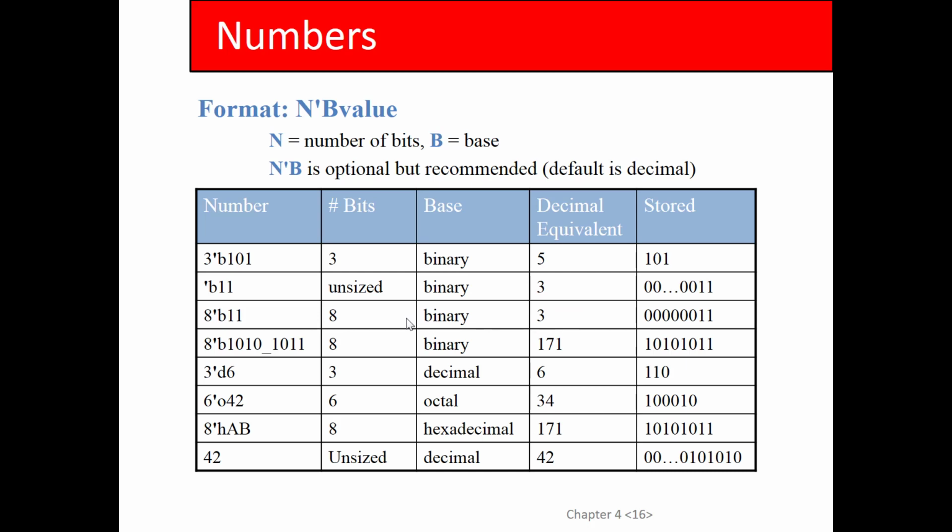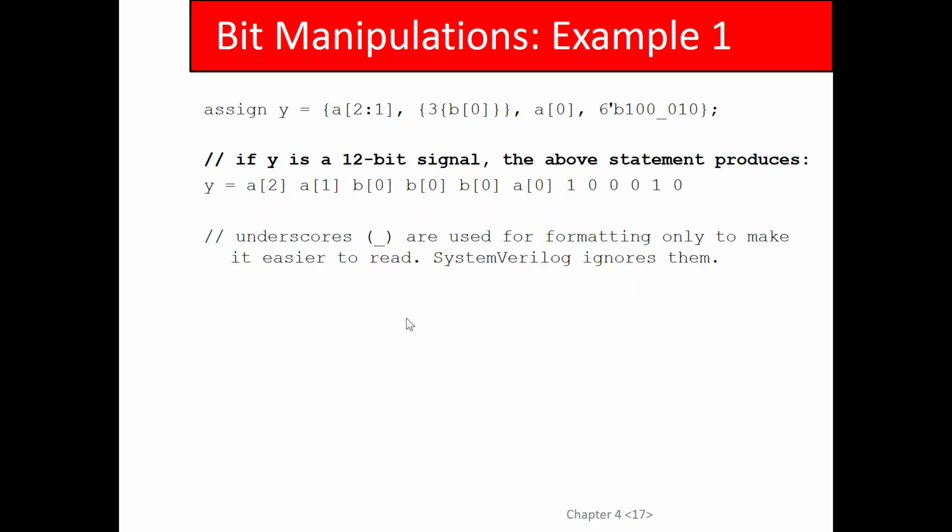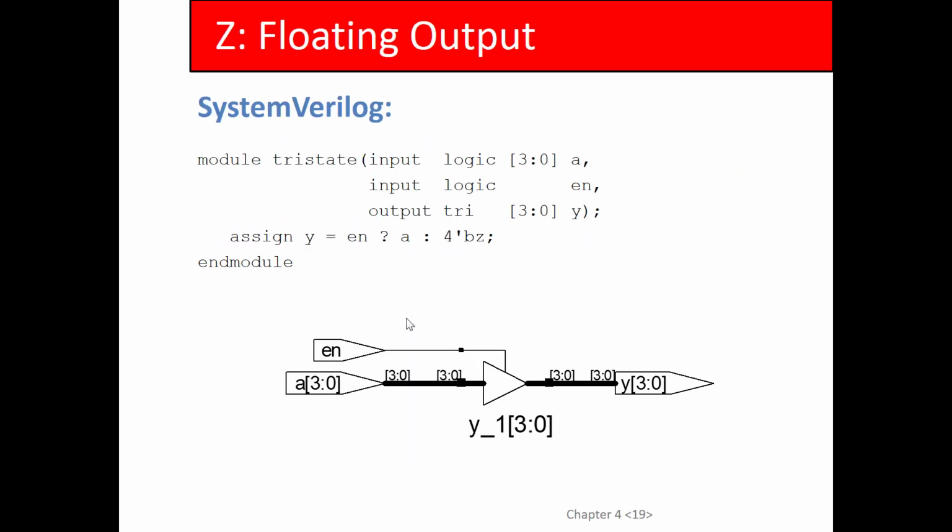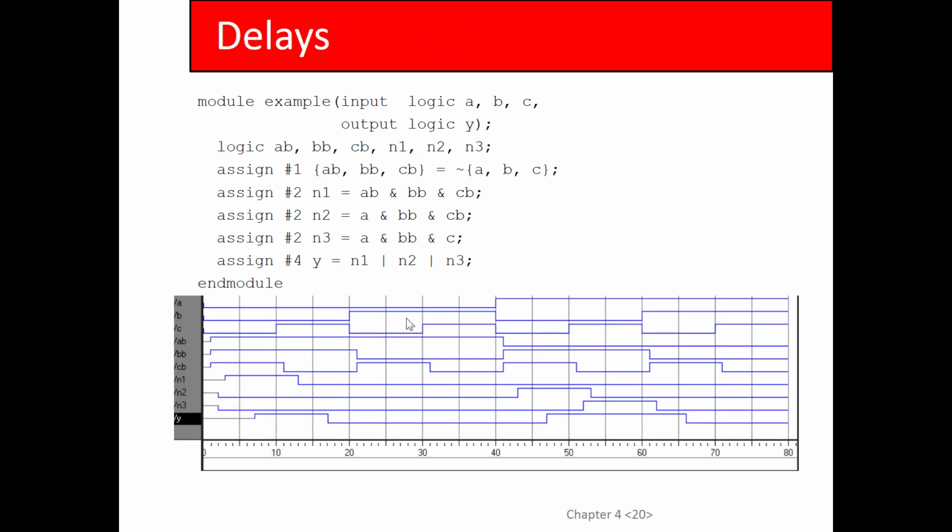In this case, you can take multiple values and concatenate them together using the curly braces. In this case, that's being done on the right-hand side of the assignment, but you can also do this on the left-hand side of the assignment, which looks a little strange, but we have an example of that right here, where I've got these three signals, AB, BB, and CB.